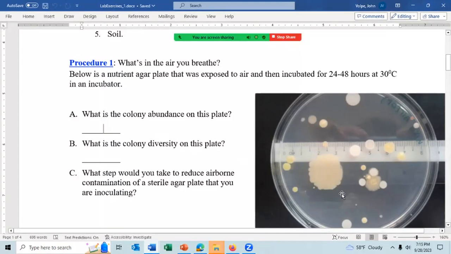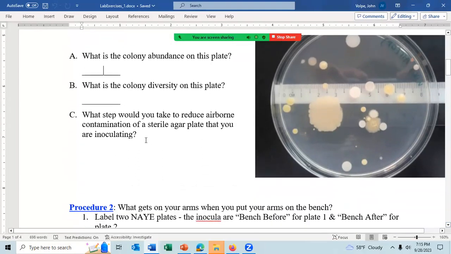For diversity, you give the number of different colonies on this plate. And as long as you're close, I will accept your answer. If you're not close, I will tell you this is wrong, try again. Okay? All right. And then procedure 1C is a thinking question.